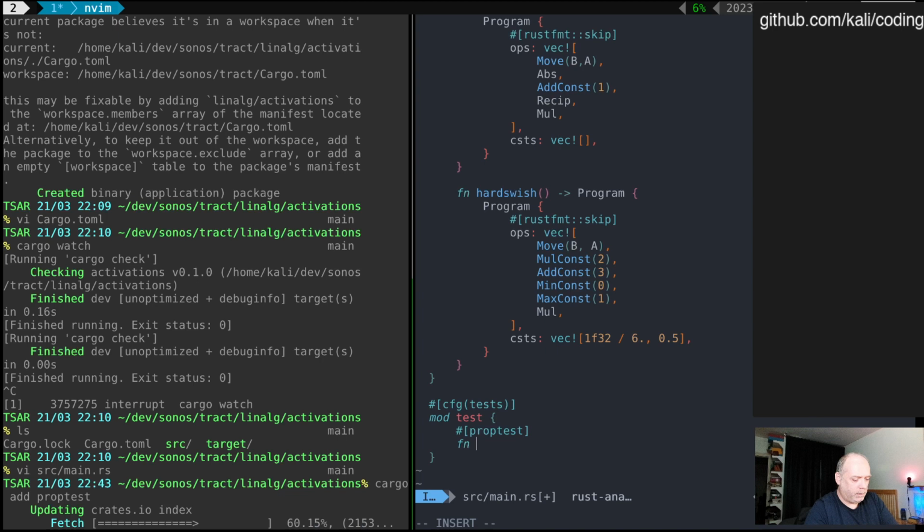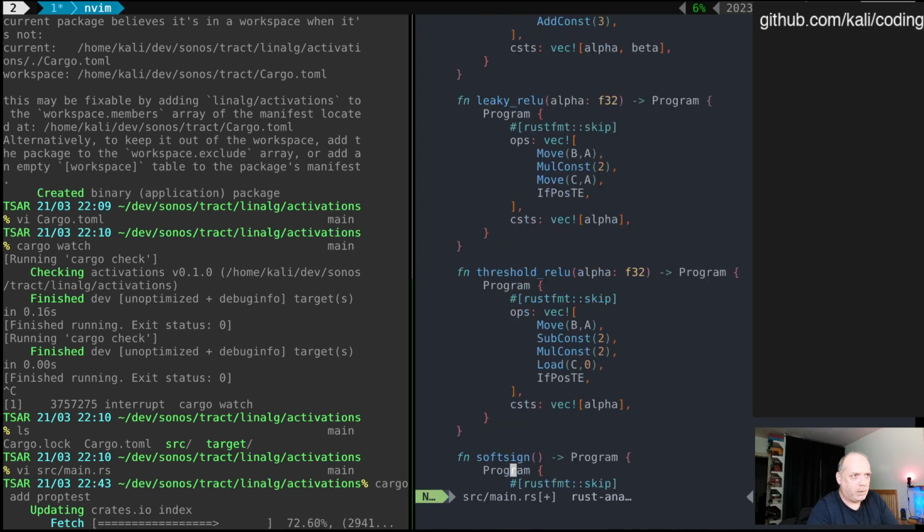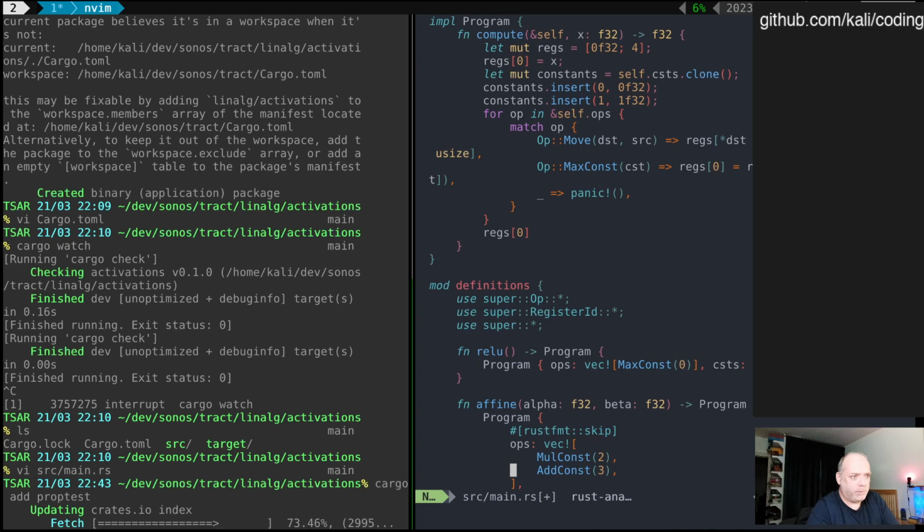But it will be test ReLU, and I'm going to test for x in any F32, I think it's like that. So basically, I'm saying that for any x being an F32, the function ReLU will give me the program. That's in definitions, I will need to make it public.